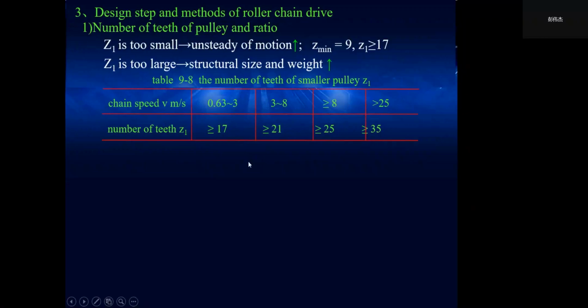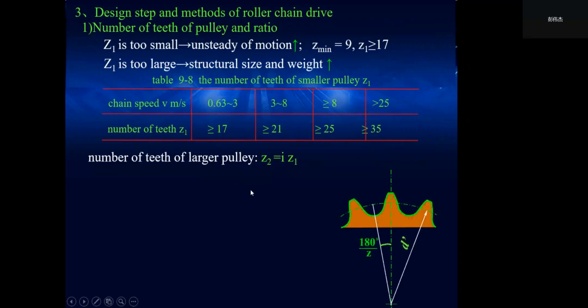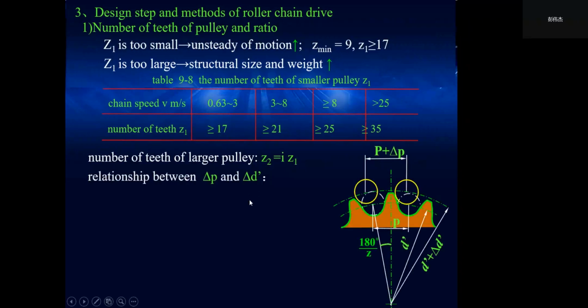Then we can calculate the number of teeth of the driven pulley Z2, using the average speed ratio i times Z1.